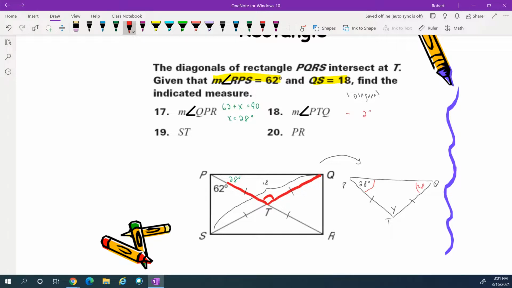So we can say 28 plus 28 plus our angle PTQ, which I put a Y, equals 180. So with a little quick math, we find out that our angle here is 124 degrees. I'm going to go back and erase this and start clean for the next question.